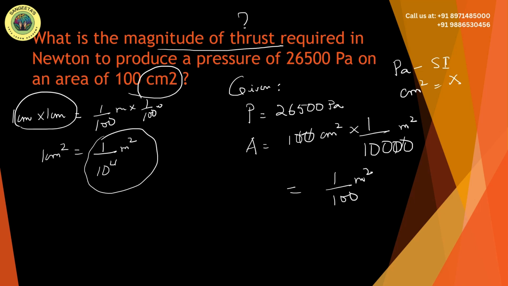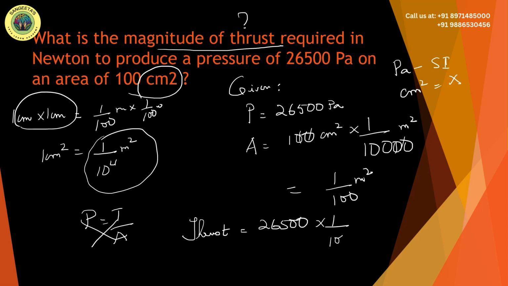Okay, this is done. Now, what is the magnitude of thrust? We know that pressure is equal to thrust by area. So thrust is equal to pressure into area. So thrust is equal to pressure, which is 26500 Pascal, and area is 1 by 100. So what is the thrust? It is 265. Thrust is a 90-degree force, so it is 265 Newton.